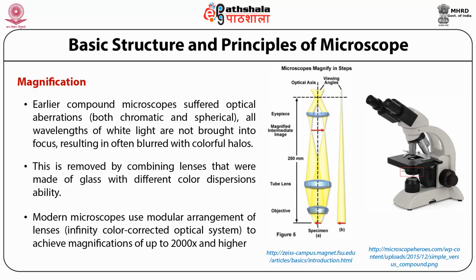Thereby, instead of concentrating all the wavelengths into a single focal plane, it ends up concentrating different wavelengths at different focal planes, creating a blurry image. Similarly, spherical aberration is another aberration in which light is not concentrated on a single point, but on different focal planes, thereby creating a blurred image. So this is one of the major challenges that the earlier compound microscopes faced.